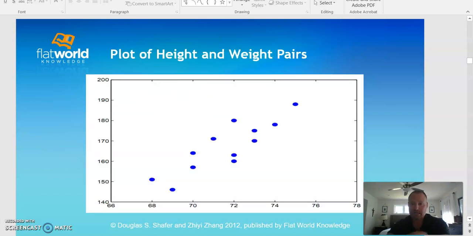Now, if we were to take a look at this graph right now, we would say that these points are somewhat scattered. They are not all in a straight line. However, what we could say is that these points are exhibiting a linear representation.